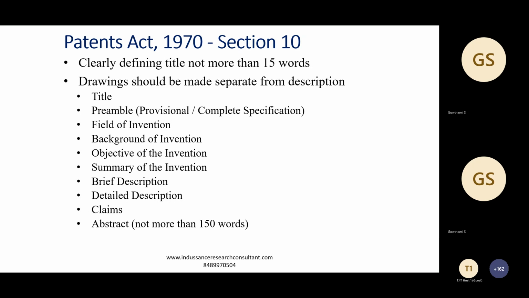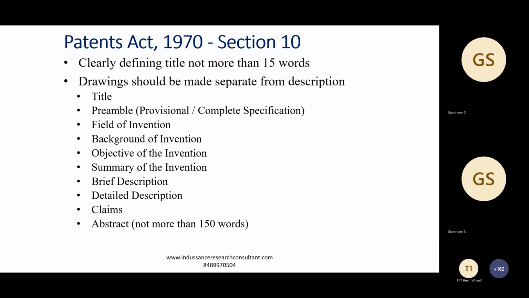Brief description. The brief description is used to briefly describe the drawings. I said none of the figures will be placed in the same document as the description. Since we are placing the drawings in a separate drawing sheet, we have to put the reference under this brief description.